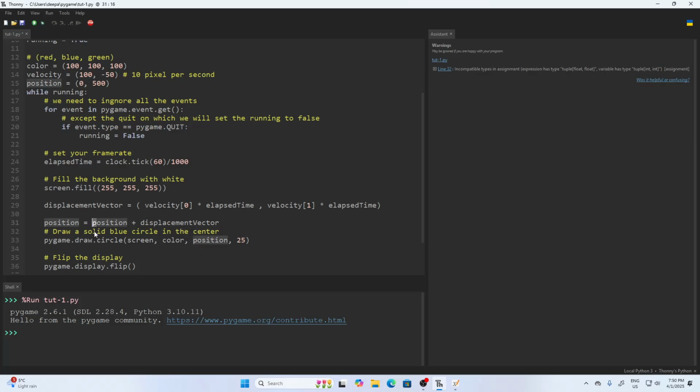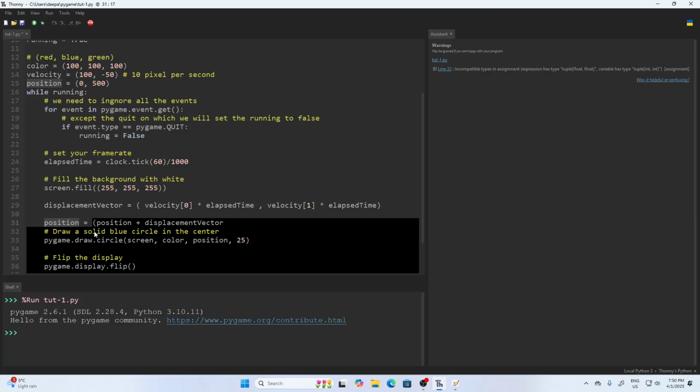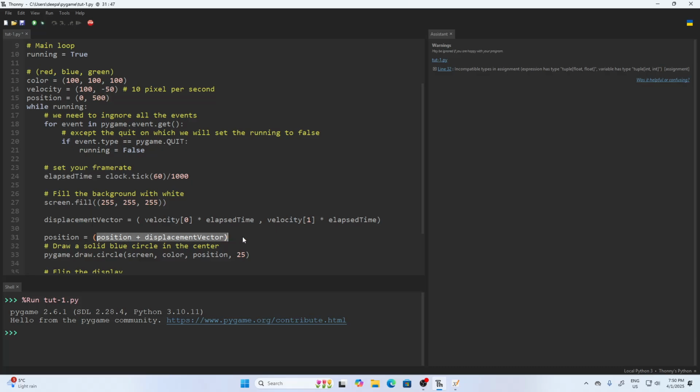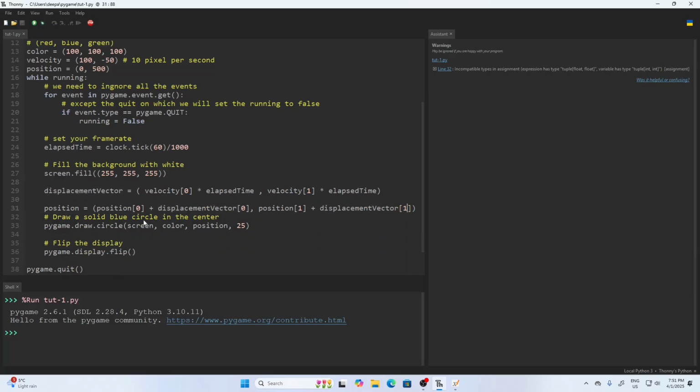We need to tell what exactly this means, and we have to tell it exactly like this. What we're going to do is add a tuple and make a new tuple. We need to create a new tuple, and then do comma, and we need to tell this is going to be the x 0 and 0, and this is going to be 1 and 1. Okay, so we got that, and this calculated the new position, and then this should work.